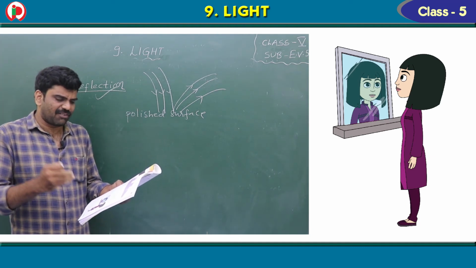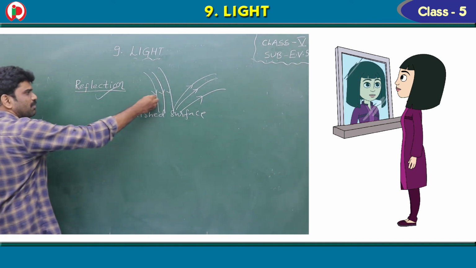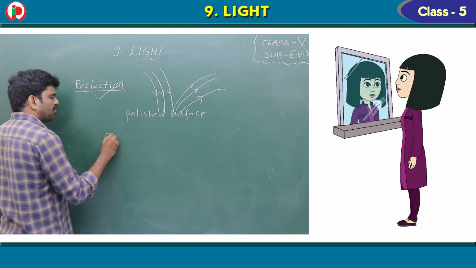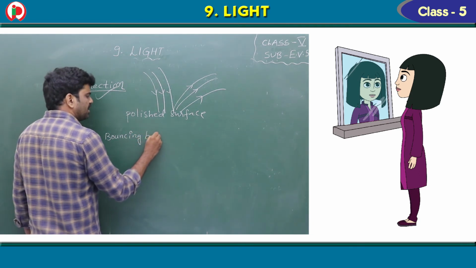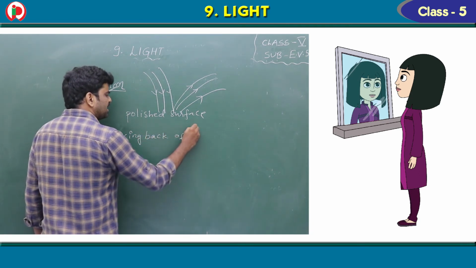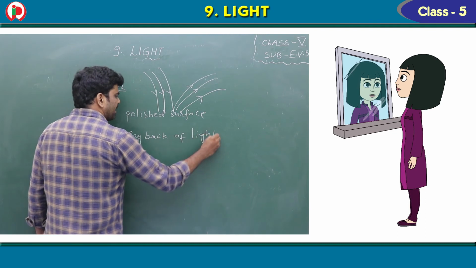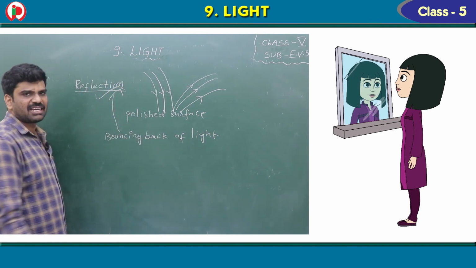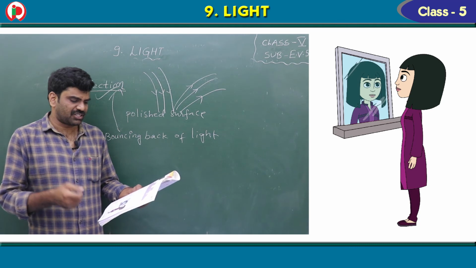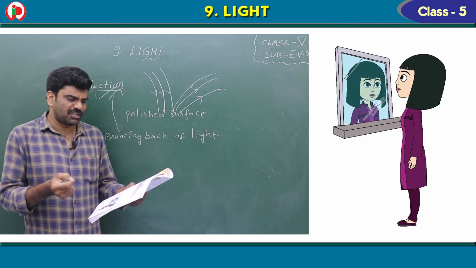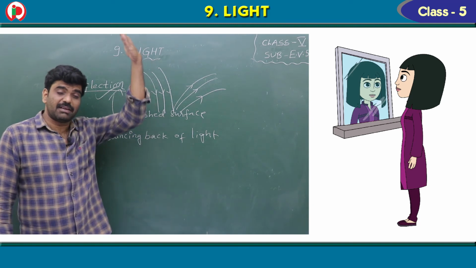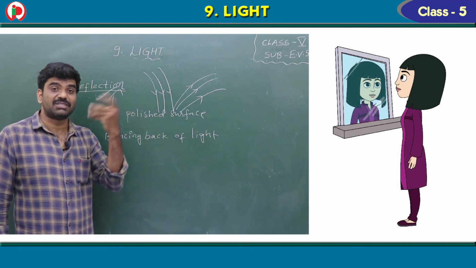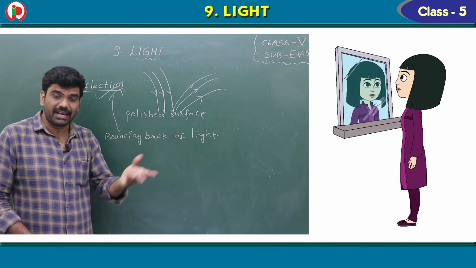This bouncing back of light is known as reflection. The more highly polished a surface is, the greater the reflection. So when a surface is highly polished, the reflection is very good.